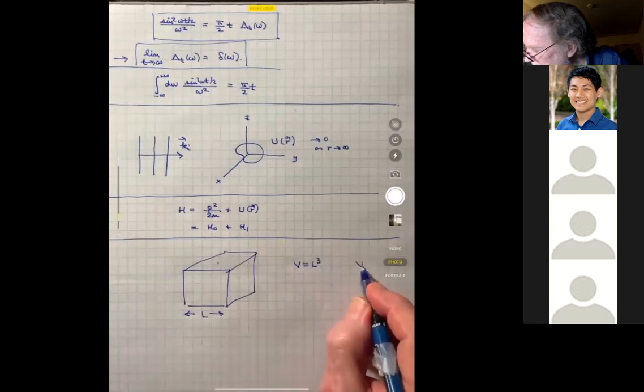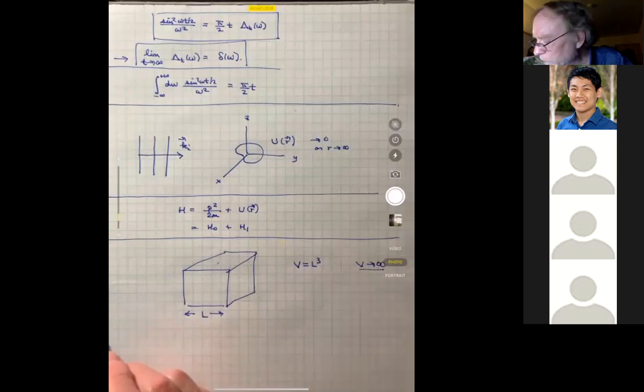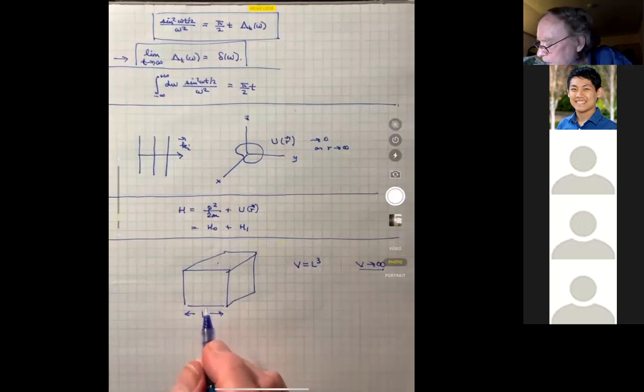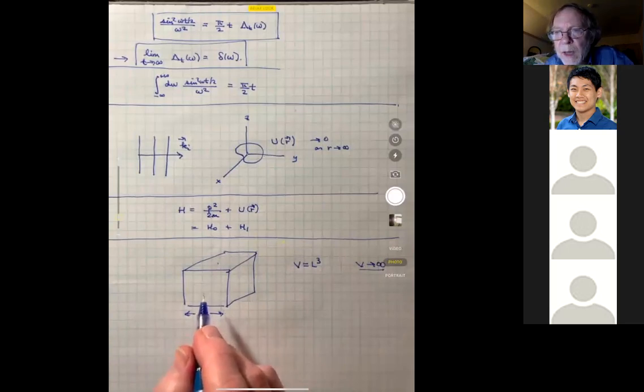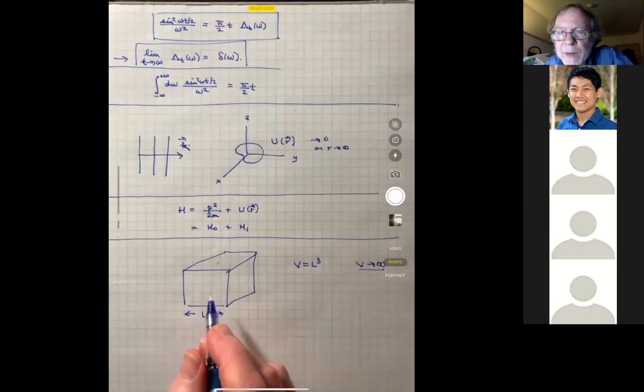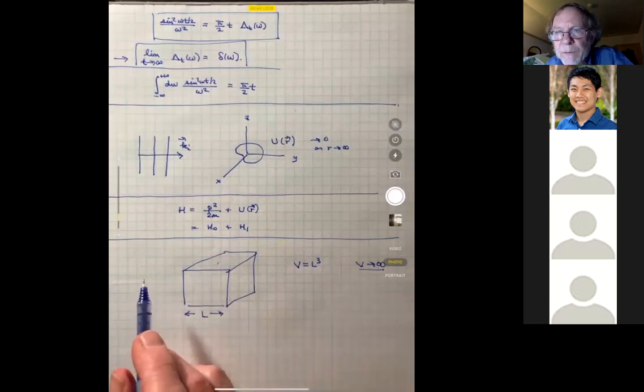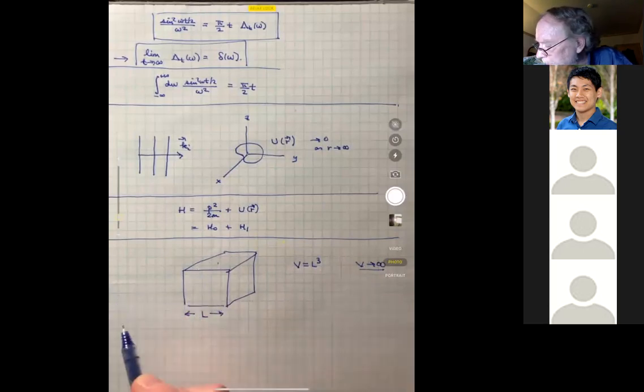We're going to be interested in the limit where the volume goes to infinity, ultimately to get physical results. And we're going to assume that all the physics, including the potential and the wave functions, are periodic in the boxes. And we'll solve that problem. This gives us a discrete spectrum for H0. Then we take the limit that V goes to infinity to get physical results. That's the plan.